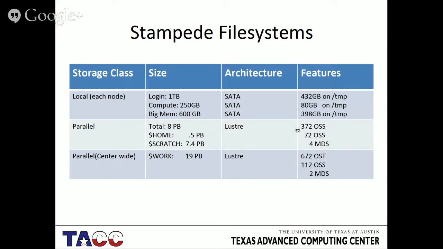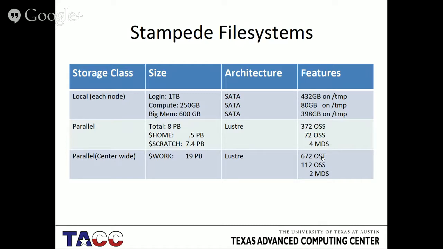And maybe a little bit of explanation about these OSSs, OSTs, MDSs. MDS is the metadata server. This is one of the reasons Lustre can have a problem, because every initial I/O operation on Lustre has to go through this one metadata server. We have a backup. That's why I have 2 for this one and 4 for that one, so there's one that can fail over to. This is like the traffic cop of the file system.